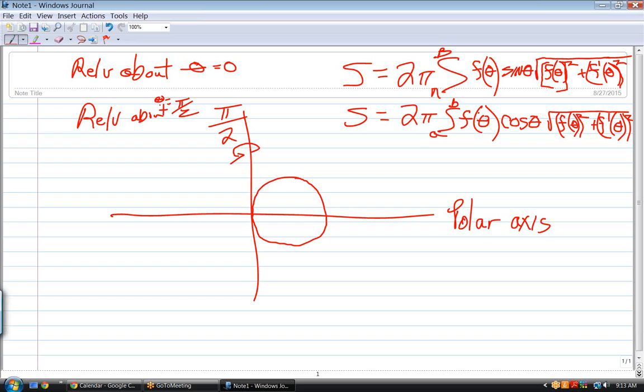Since we're rotating it about pi over 2, we're going to use this equation. So it's going to be s equals 2 pi. Let's leave these for a second. This equation, incidentally, is r equals cosine of theta.